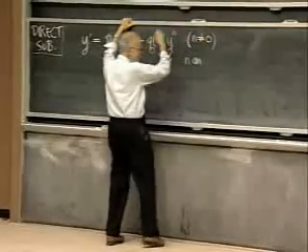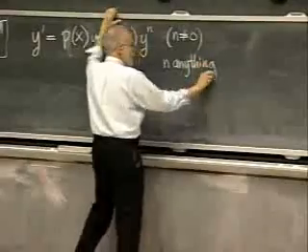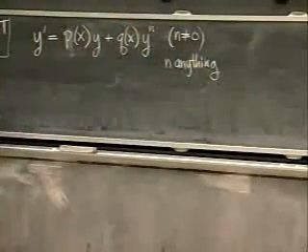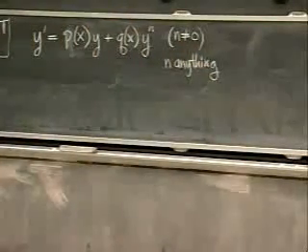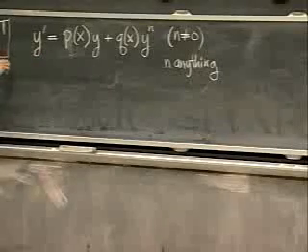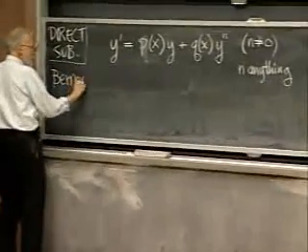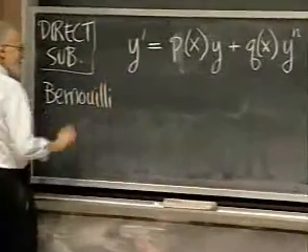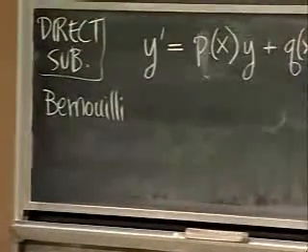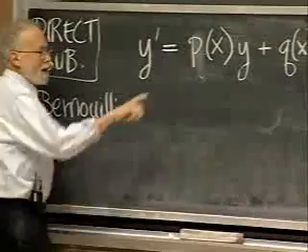Even 0 is all right, it's just silly. Any number. It could be negative, n equals -5, that would be fine also. This kind of equation is called the Bernoulli equation. Named after which Bernoulli, I haven't the faintest idea. There were, I think, three or four of them, and they fought with each other, but they were all smart.